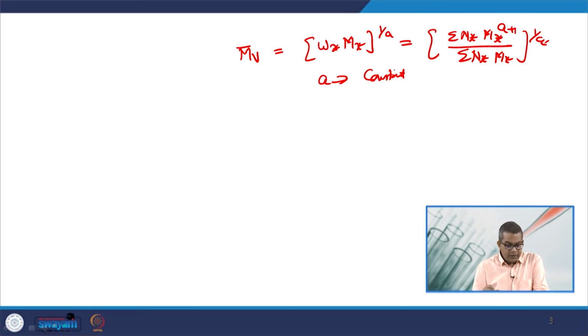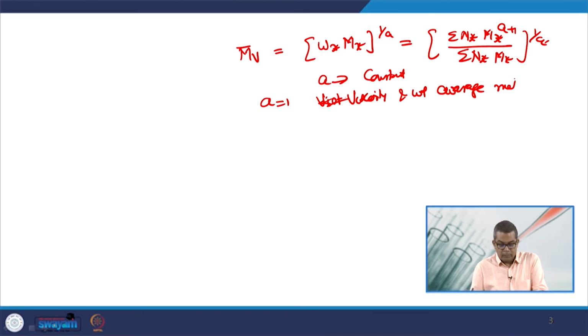Now, viscosity and weight average molecular weights are equal when A is equal to 1. So, viscosity and weight average molecular weight are equal.